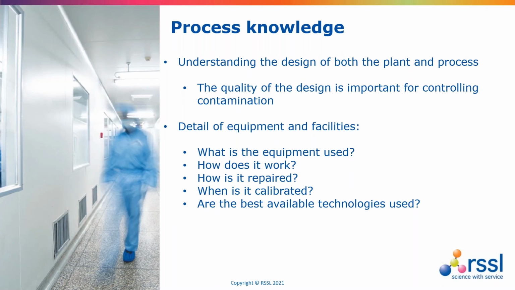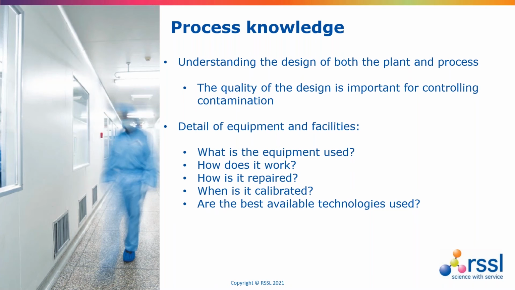How is that equipment repaired? Where is it repaired? How does it go back into the facility if it's repaired outside? When is it calibrated? When is a repair sufficient that the process validation parameters require review? Are we indeed using the best technologies available in order to reduce the likelihood of contamination events?